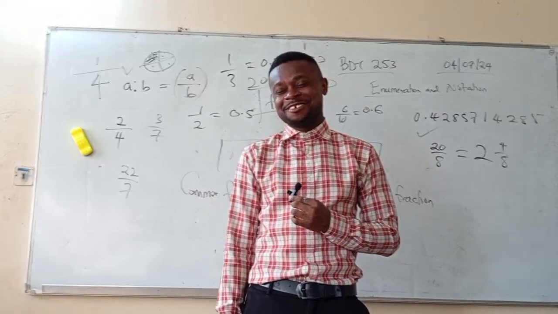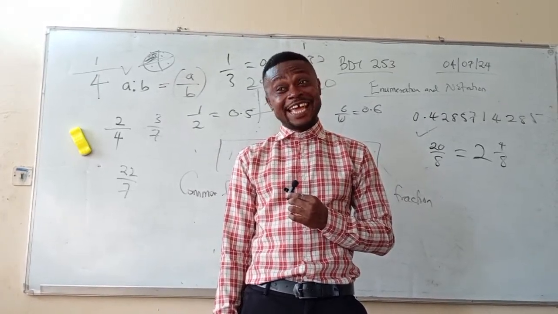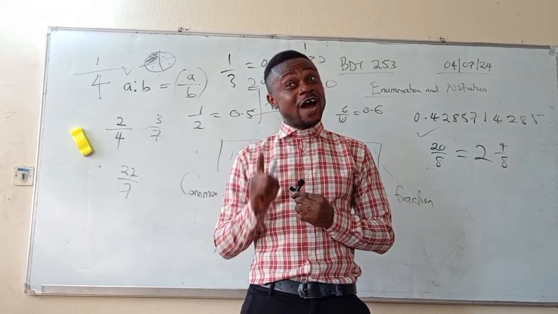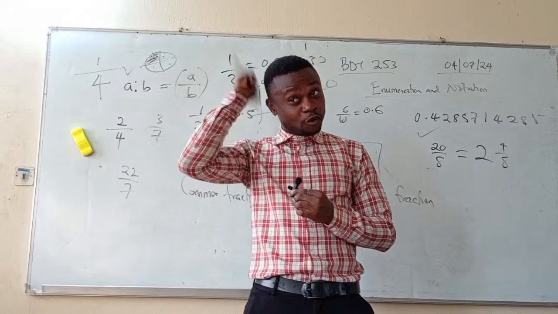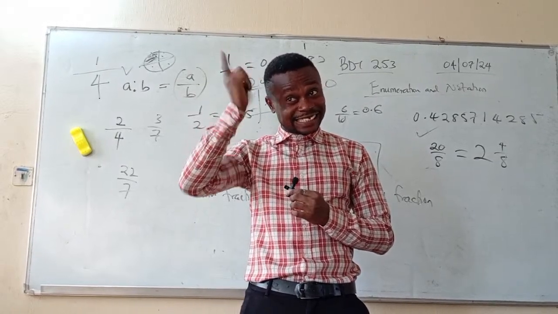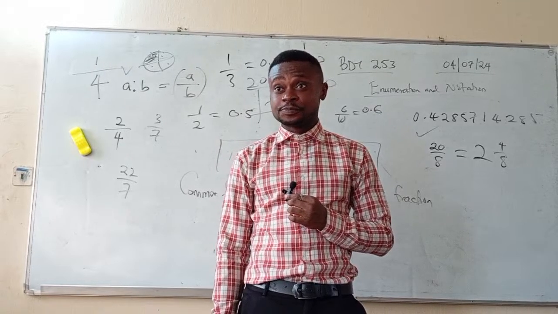I said that rational numbers are numbers that can be expressed in the form A over B, where A and B are integers. Mark my words, integers. I didn't say all numbers. So continue. Let me know where you're going.